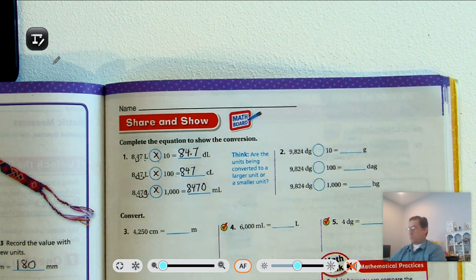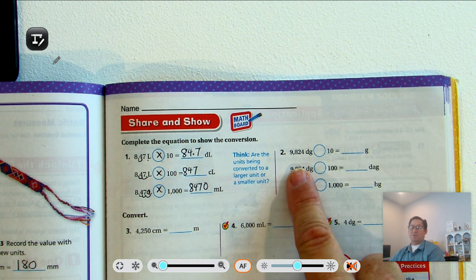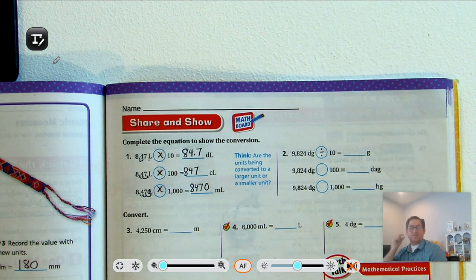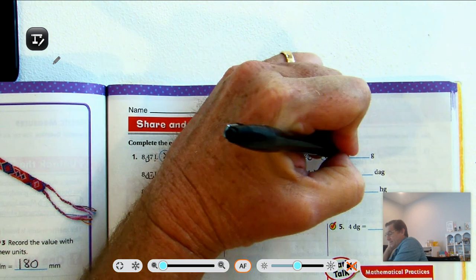All right, we're at decigrams and we're going to grams. Decigrams are smaller than grams, so we're going from smaller to larger. So we're going to divide by 10, moving the decimal point 1 place to the left.